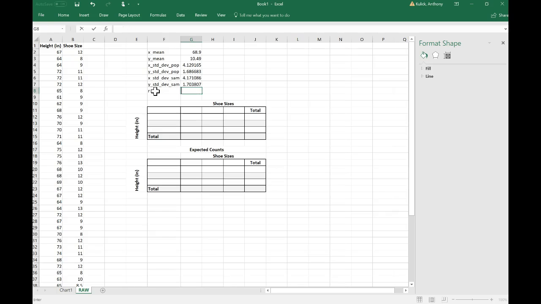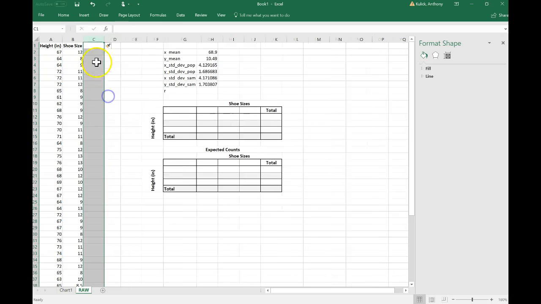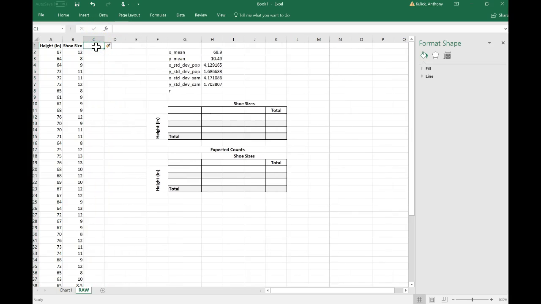Actually, let's do this first. We're going to have the 3 columns. So I'm going to insert another column here. So this is xi minus x mean divided by the sx.